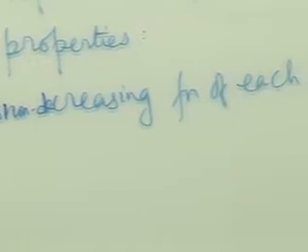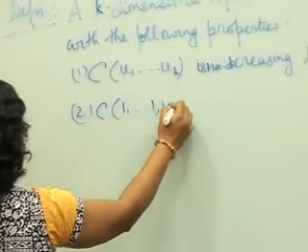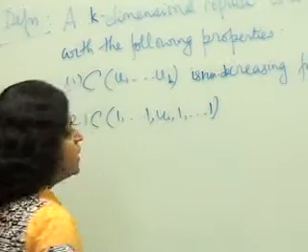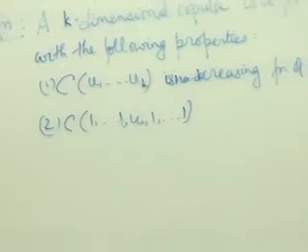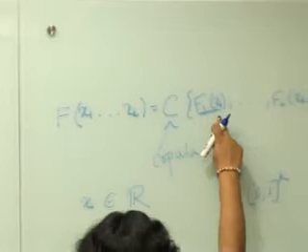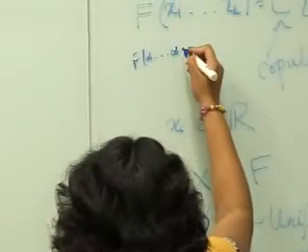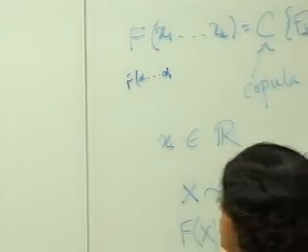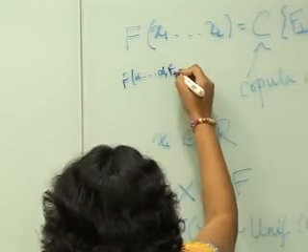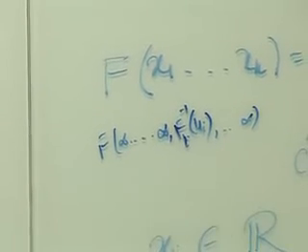And secondly, if you take all the components to be 1, then what do we really want? Then we want f when each of these Fi of xi is 1. In particular, this will happen if xi is plus infinity. So if we evaluate f at all of these being infinity, and then one of them is such that it is Fi inverse of ui, and the others are also infinity.